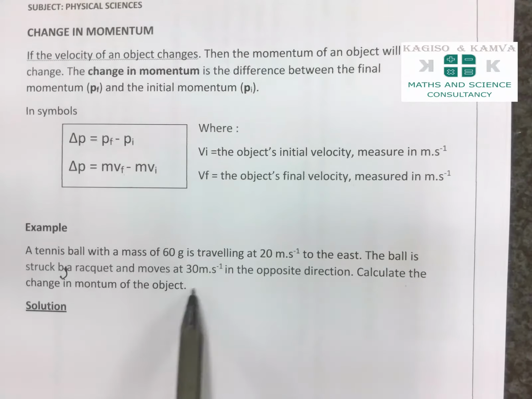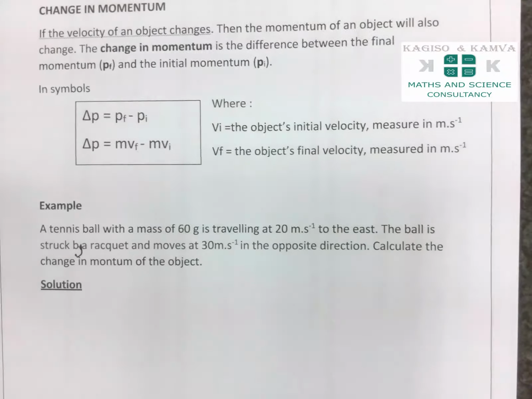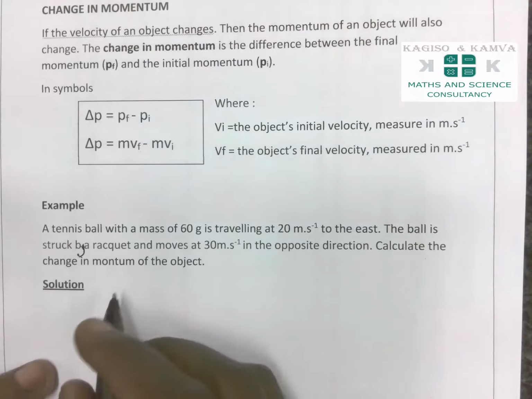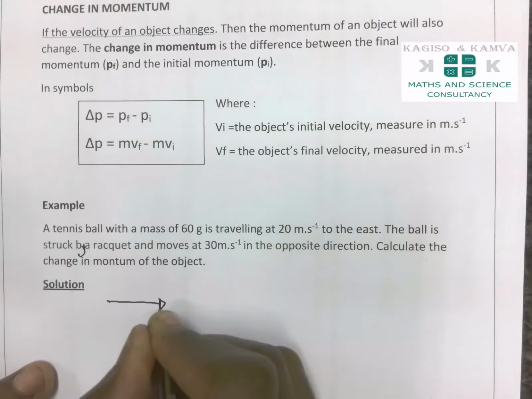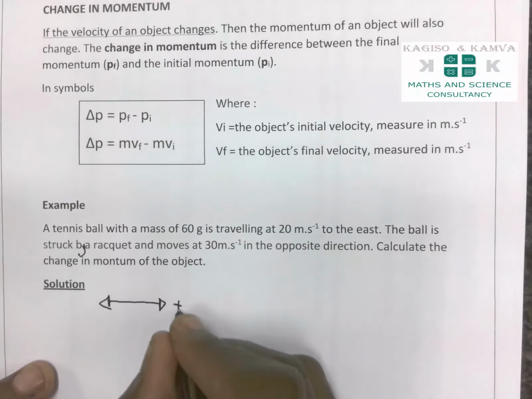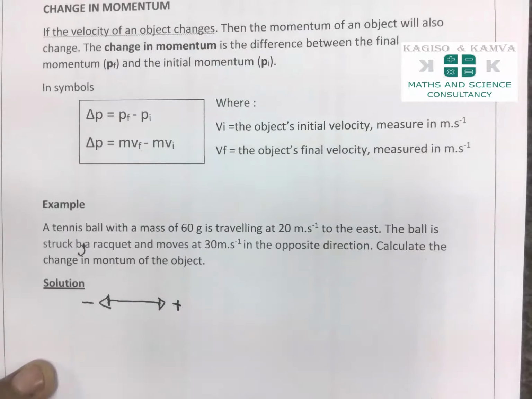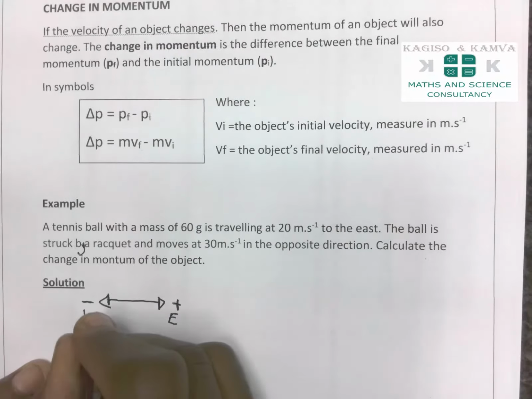Calculate the change in momentum of the object. The first thing we need to do is to indicate the direction. This one is going to be positive, this one negative. So this is my east, this is my west.